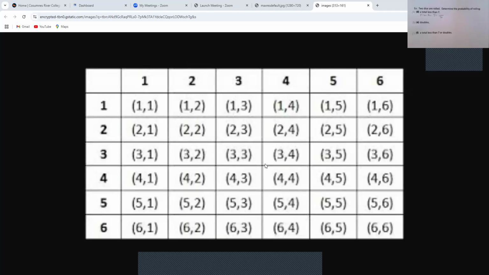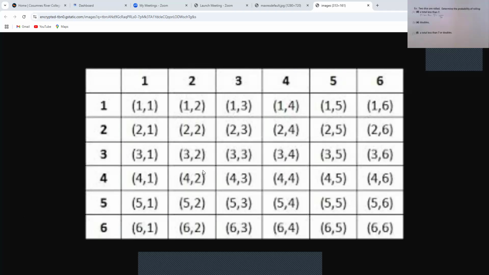This main diagonal, you can see, adds up to 7. Everything to the bottom and to the right of that main diagonal adds up to bigger numbers than 7. But everything up and to the left of that main diagonal adds up to something less than 7. So these ones that I'm highlighting right now are the ones that add up to less than 7.